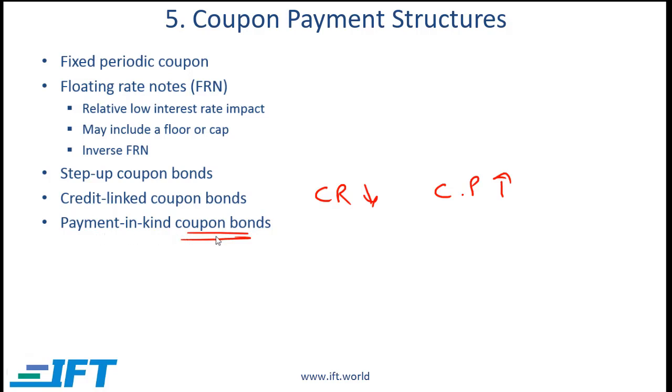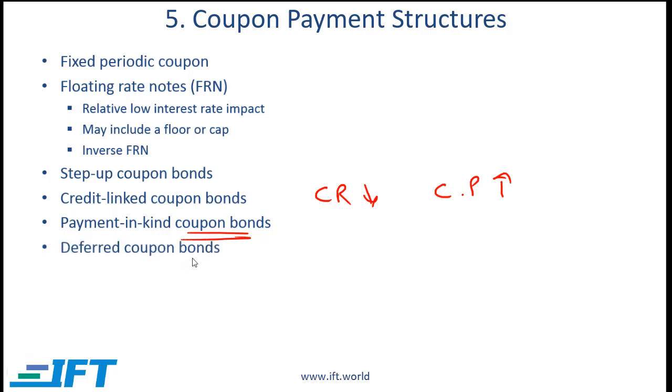With payment in kind coupon bonds, the issuer has the option to pay interest in the form of additional amounts of the bond issue rather than making cash payments. Clearly, this is beneficial for the issuer and potentially risky for the investor.